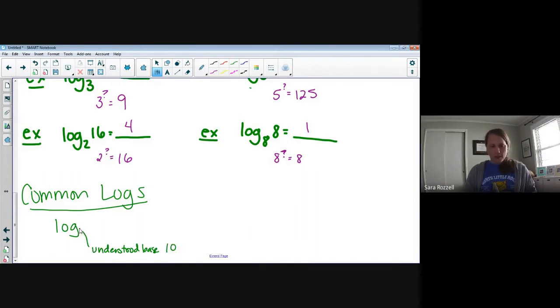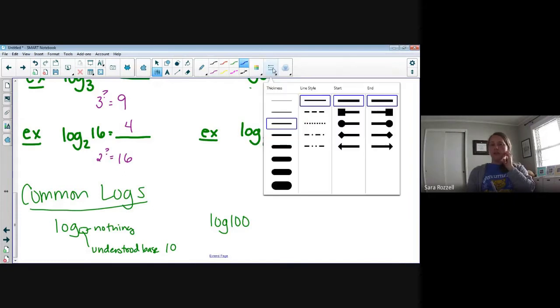So if there is nothing next to the word log, we have base 10. So if you saw a problem and it said log of 100, is there a base that's written there? A little mini subscript? Do you see it on the page? No, if it's not written there, you're going to need to write it in yourself.